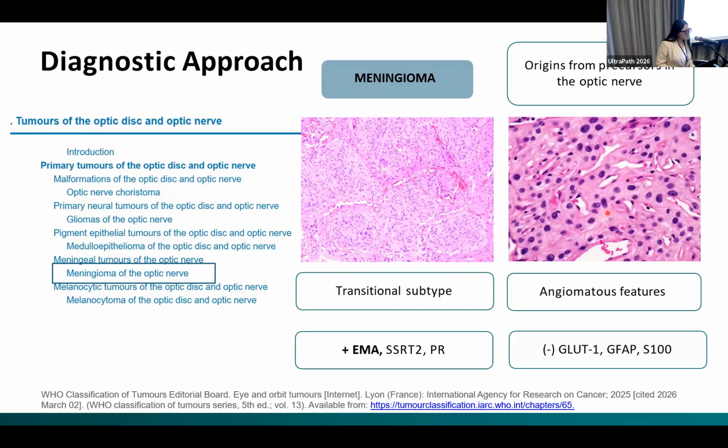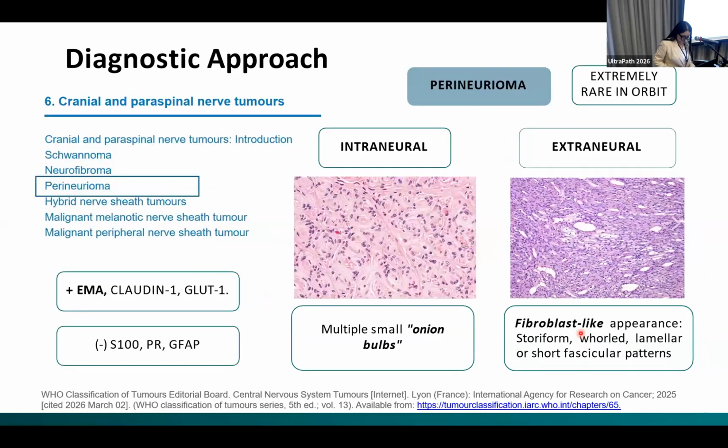And well, some meningiomas can maybe express some angiomatoid features, and it's a primary location because it originates from the precursors in the optic nerve. This entity is positive for EMA, somatostatin receptor type 2, and progesterone receptor, but negative for GLUT1, GFAP, and S100.